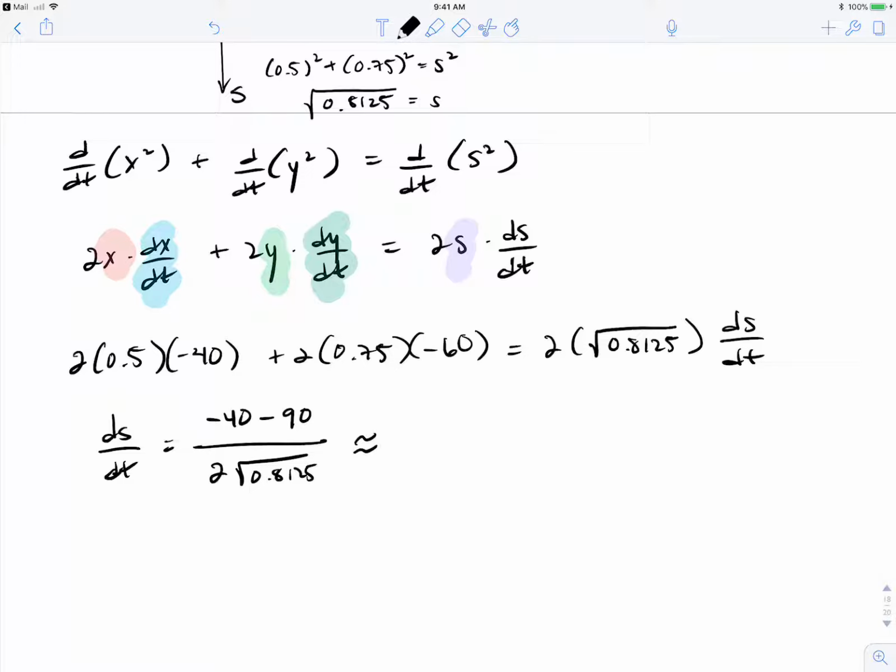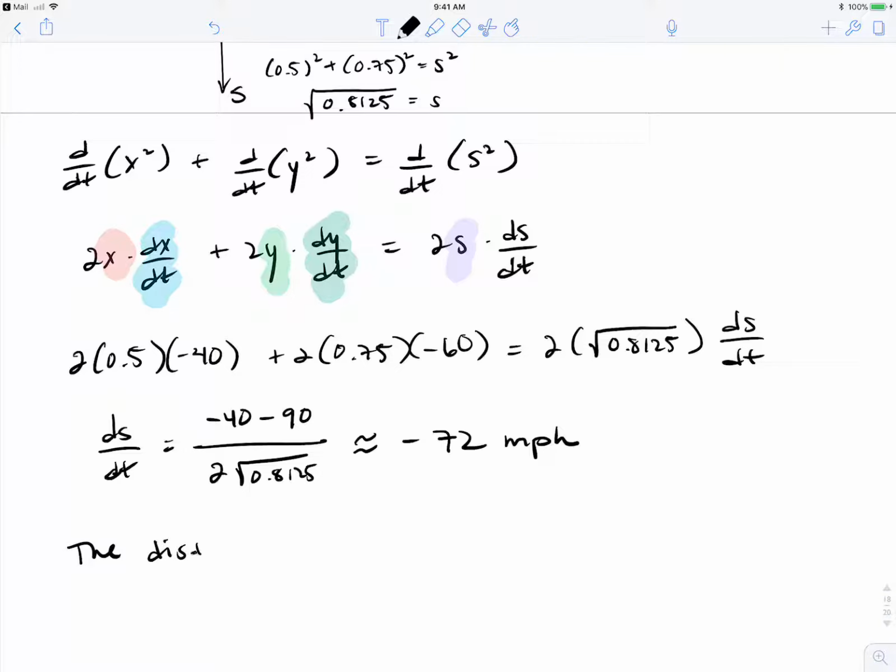I'm going to pop that into my calculator to get an approximation. And we get approximately negative 72, and that'll be miles per hour.